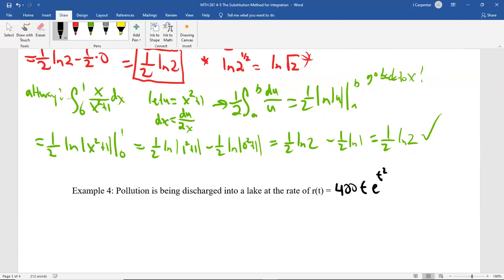Ooh, that looks like a familiar format. And then that's in tons per year, t is the number of years, let's measurement begin.